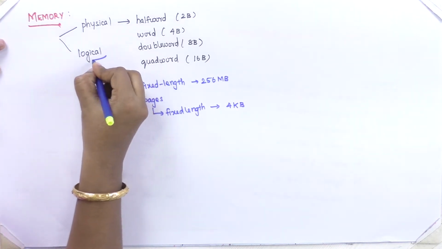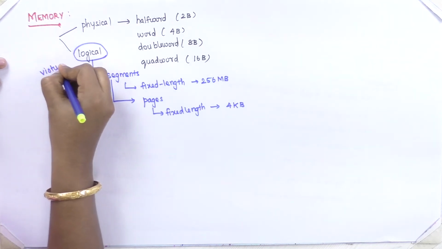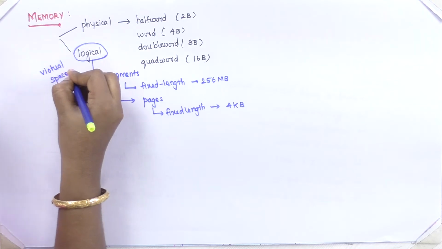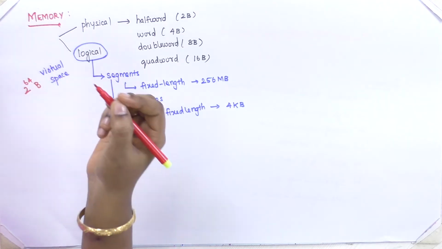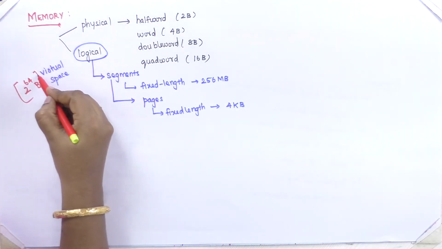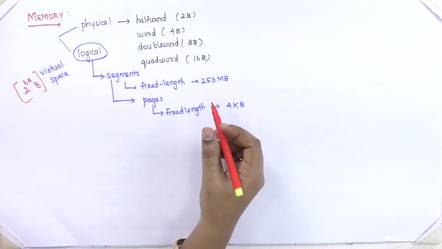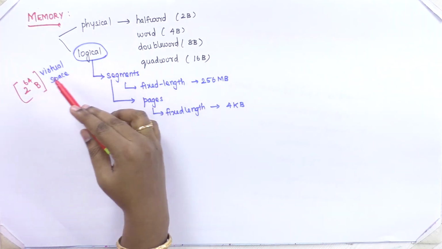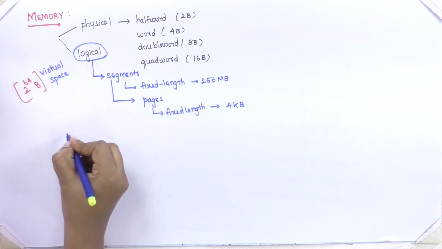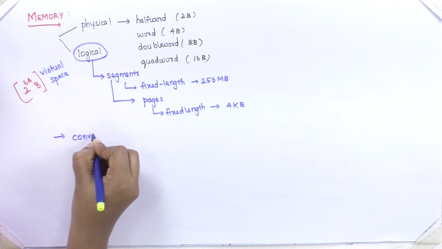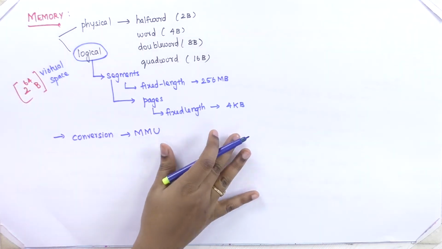The total size of our logical, that is virtual memory space is 2^64 bytes. While executing, these virtual addresses have to be converted to physical addresses. This conversion is handled by the memory management unit of our operating system. So that's all about memory.